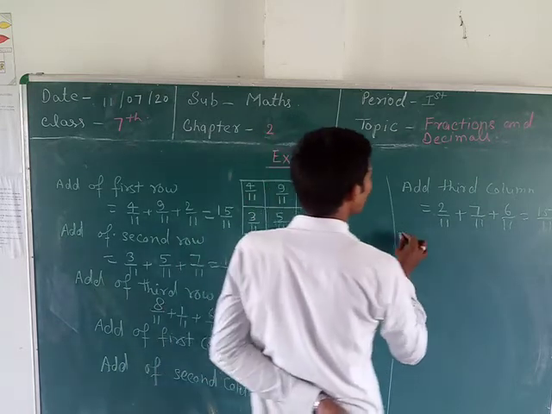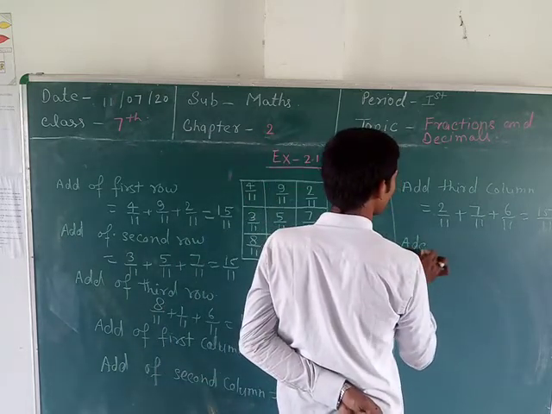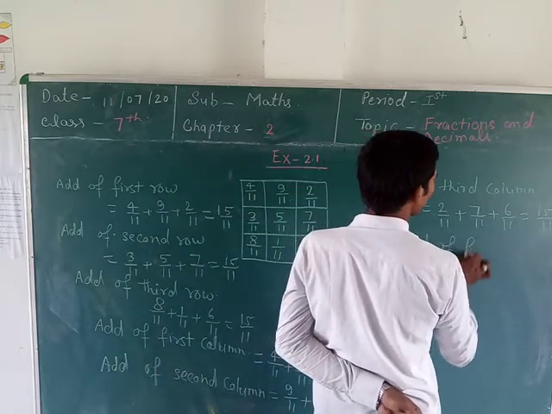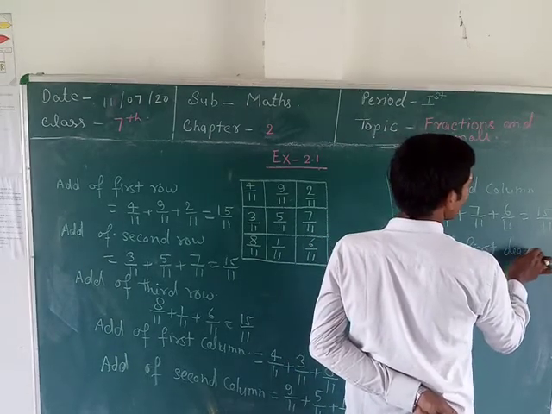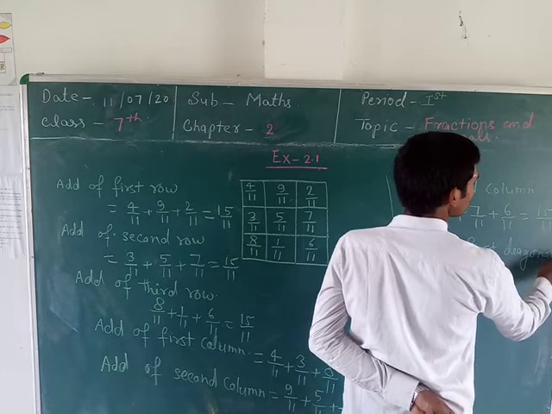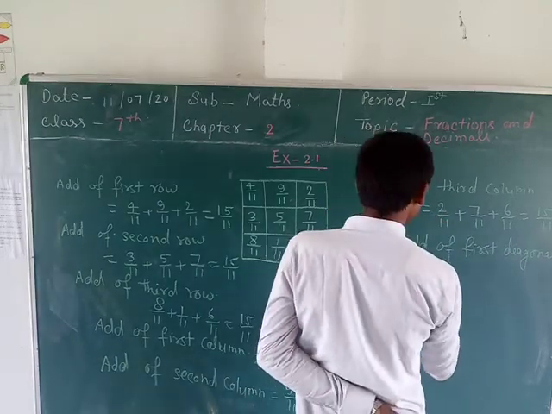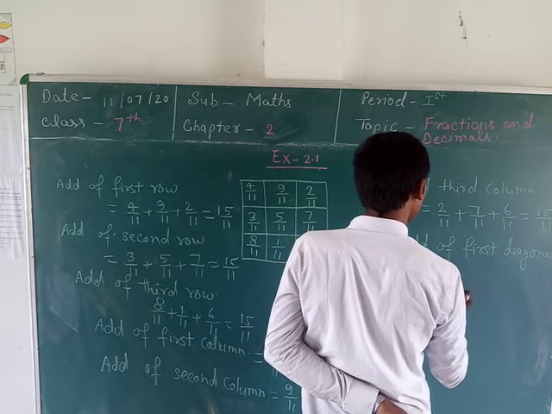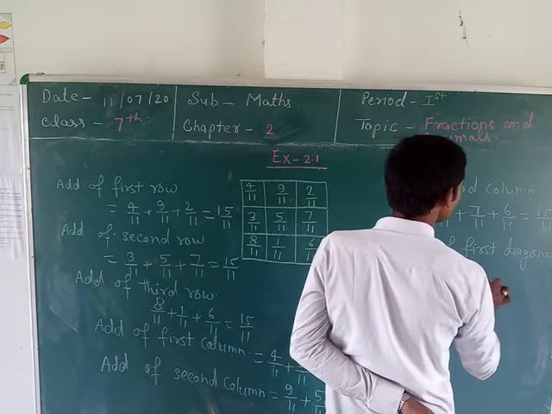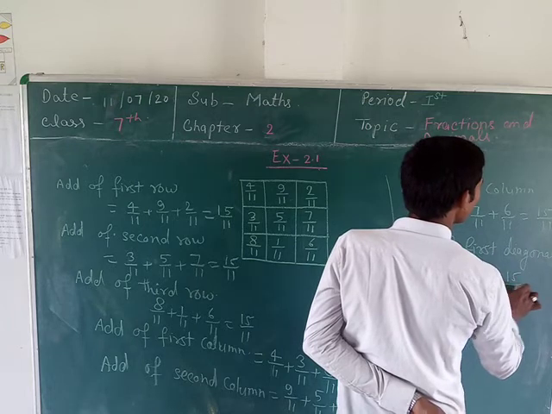Now add up first diagonal. 4 upon 11 plus 5 upon 11 plus 6 upon 11 equal to 15 upon 11.